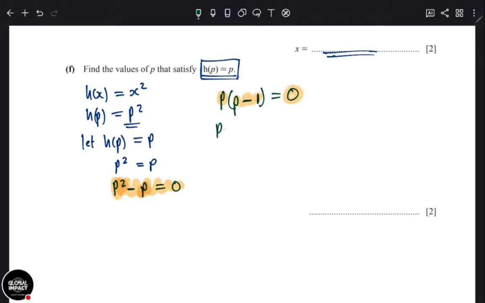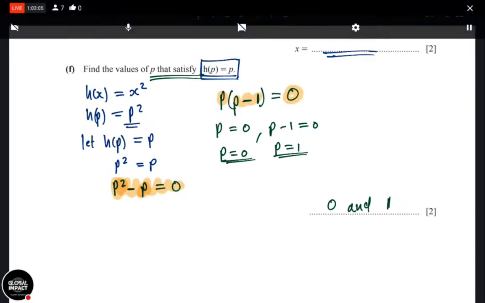So that means either p is 0 or p minus 1 is equal to 0, which means p equal to 0 or p equal to 1. So what are the values that satisfy? 0 and 1. You are done. Just solve, don't rush, you'll be fine.